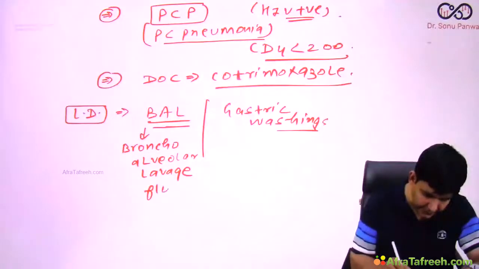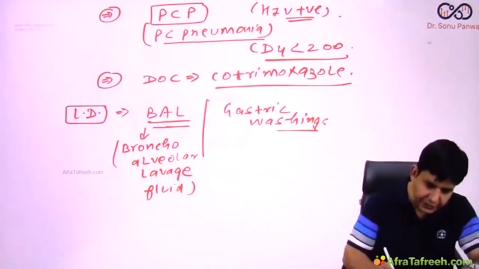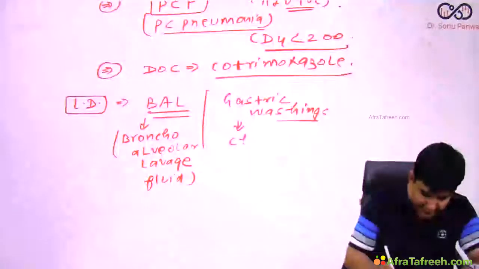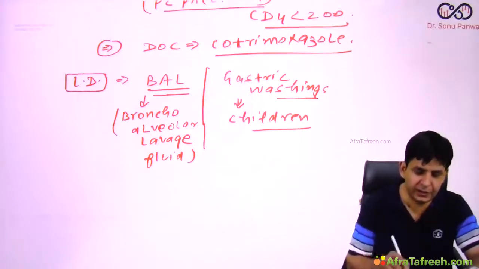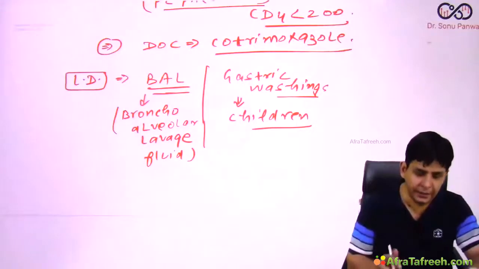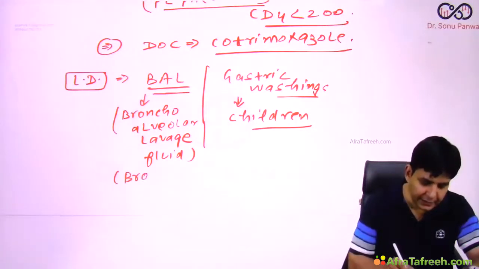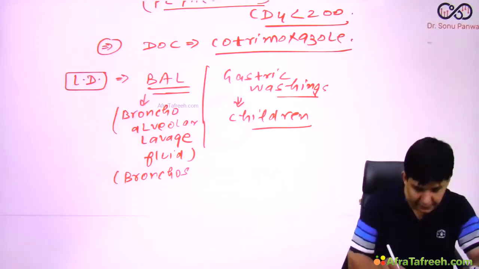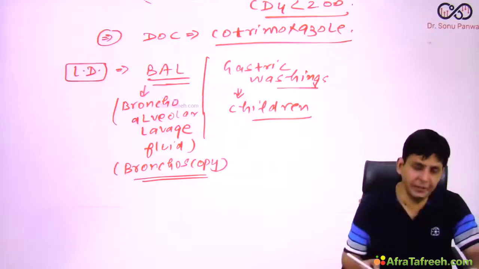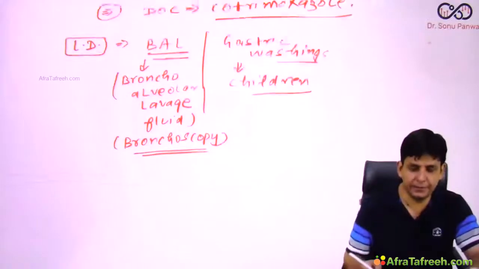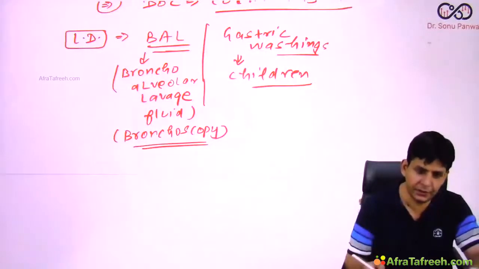Gastric washings are taken in children because they tend to swallow their sputum. For adults you prefer to take the BAL. Obviously the BAL is not taken in an OPD, it is an OT procedure, and you have to do a bronchoscopy for it, and gastric washings are for the children.